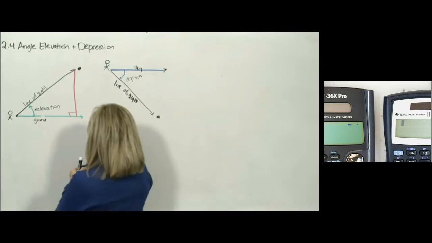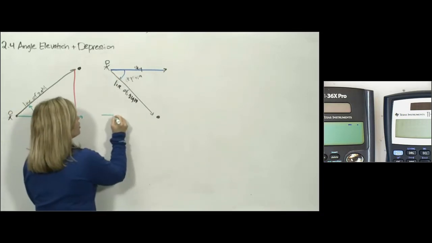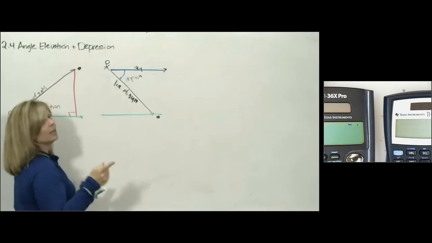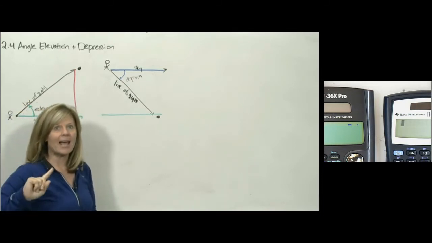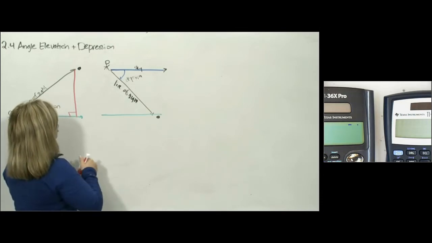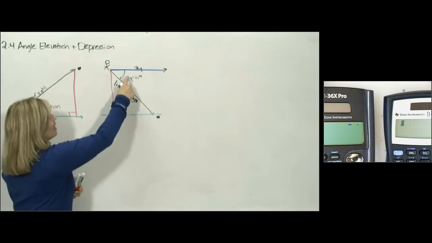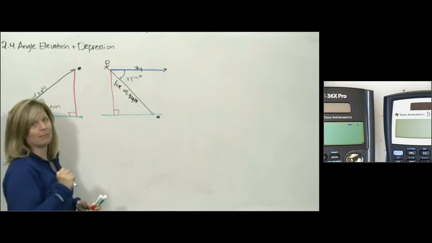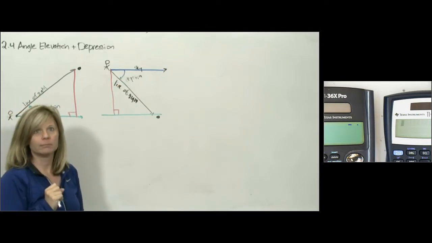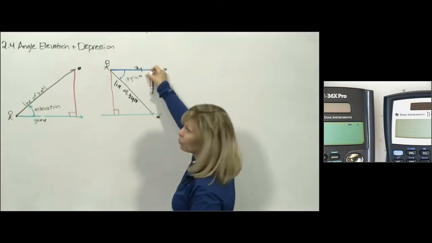However, if I look at my angle of depression and I draw the ground here, the angle of depression may or may not be in my right triangle. If I drop a perpendicular here, then the angle of depression is not in my right triangle. Okay? Now, you're right. If I drop a perpendicular here, it would be.